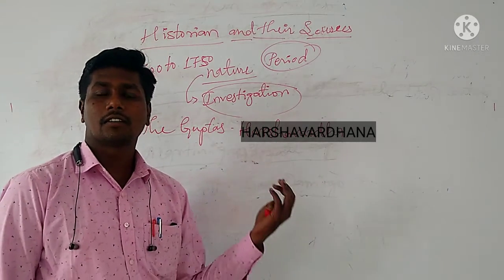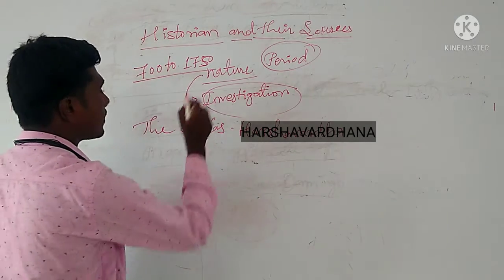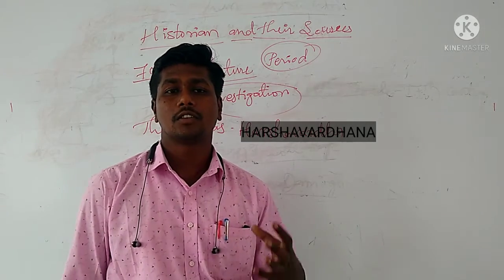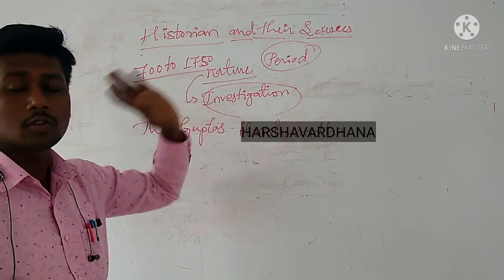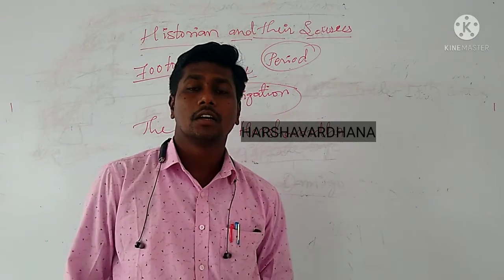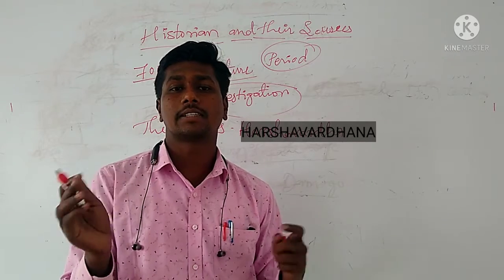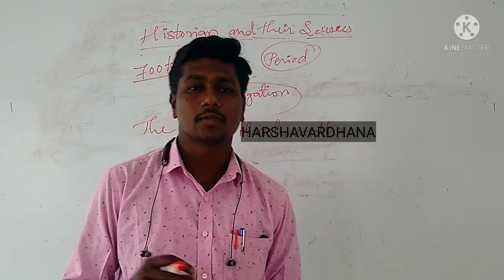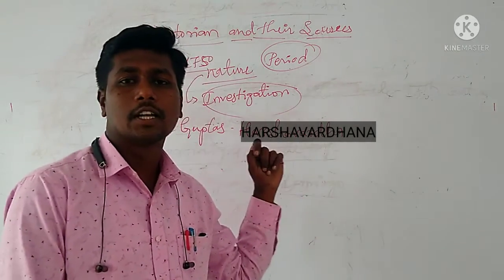And see, we can understand that in the sources used in this 1000 years of period, there is some continuity. Continuity can be seen in the sources used by the historians for the study of this period.